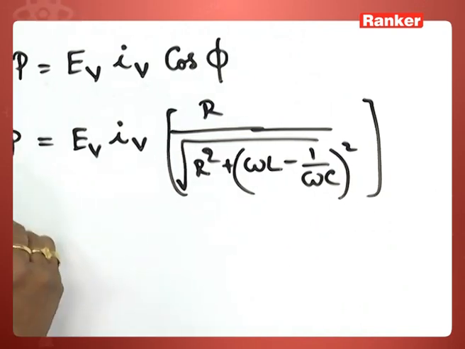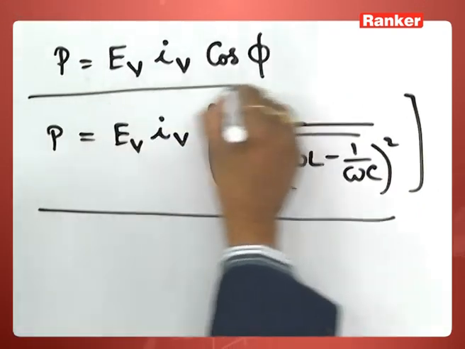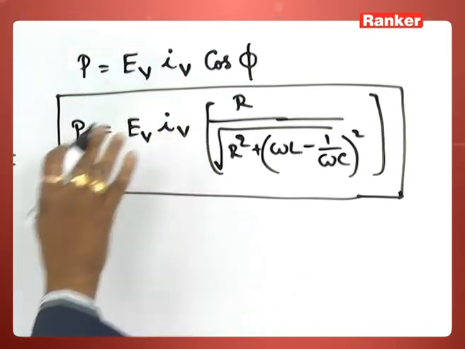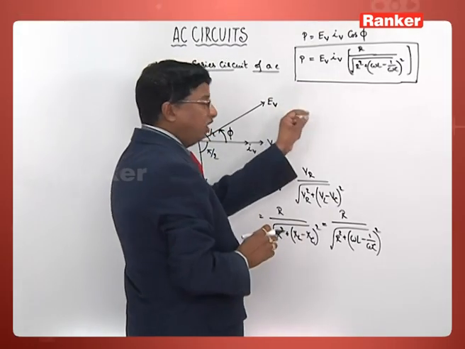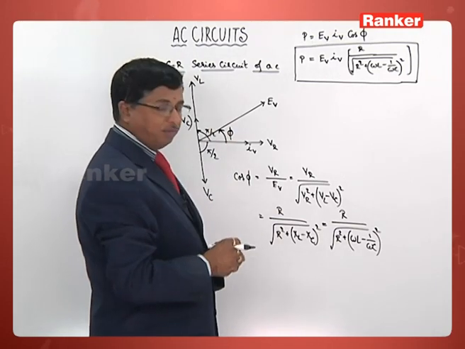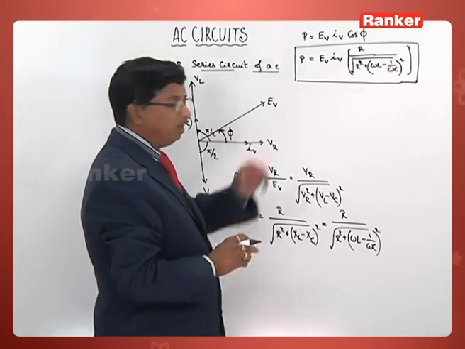This is one form of this equation for power. So that is one version of the electric power across an LCR series circuit.